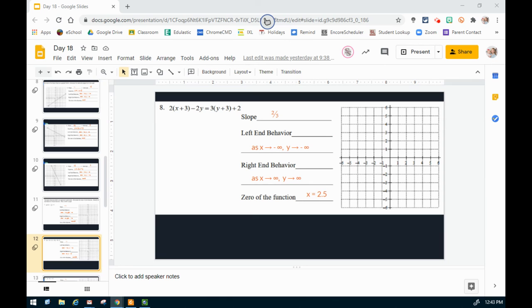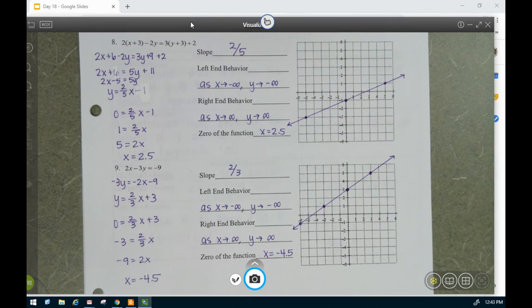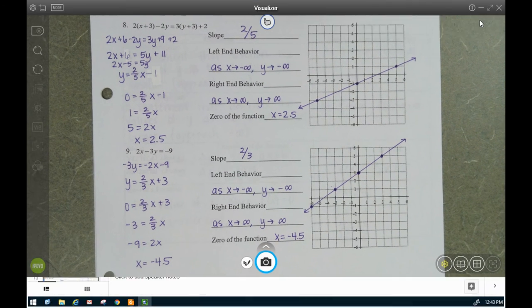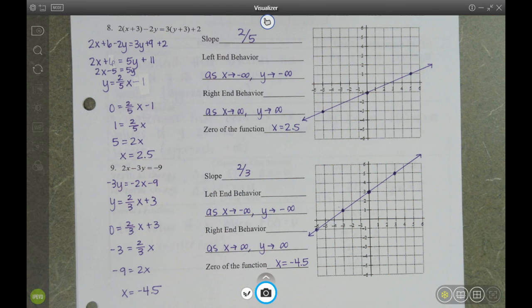Okay, so I'm going to go ahead and put up my answer key for my paper with all the work shown, because all the work wasn't shown on the slides.